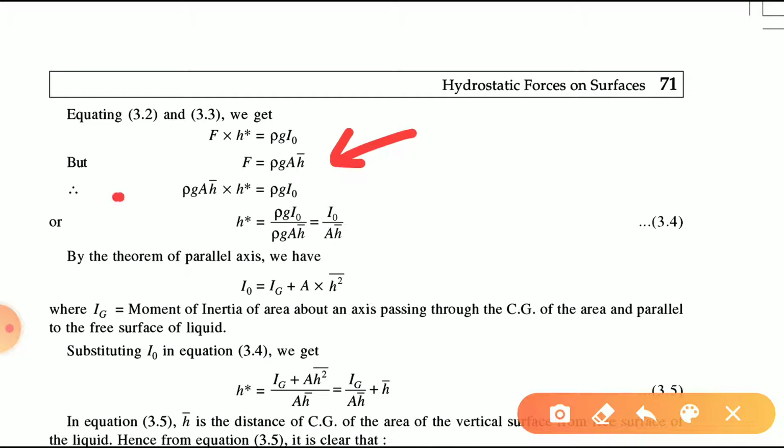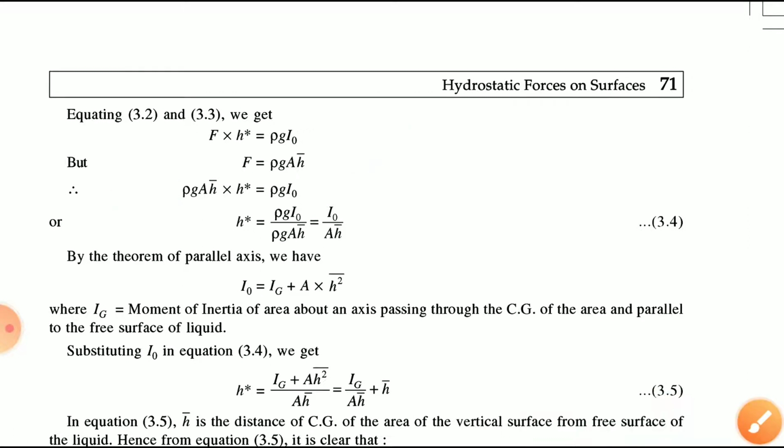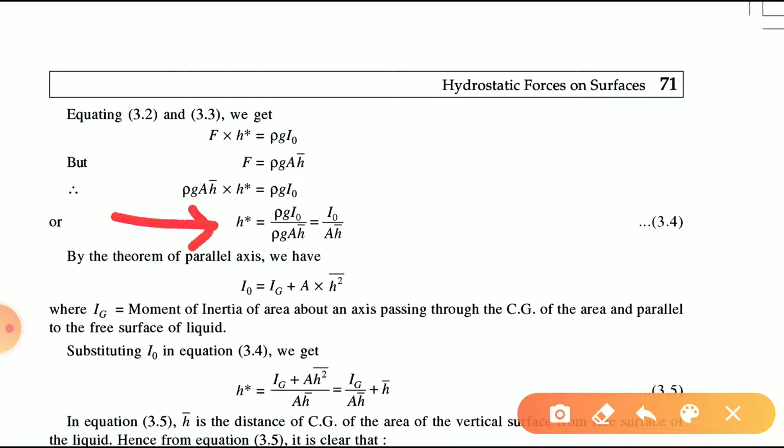If we put this value here, we get rho g h bar into S star is equal to rho g I0. If we simplify this for the value of S star, it becomes S star is equal to rho g I0 upon rho g h bar, which simplifies to I0 upon h bar.